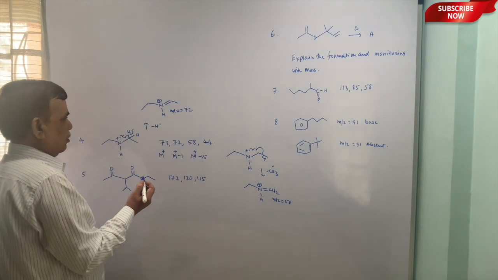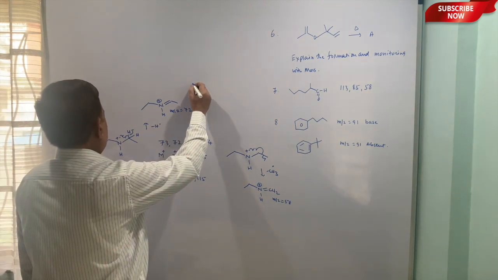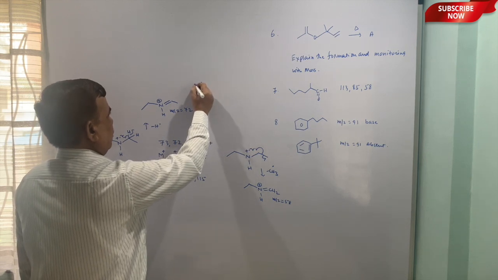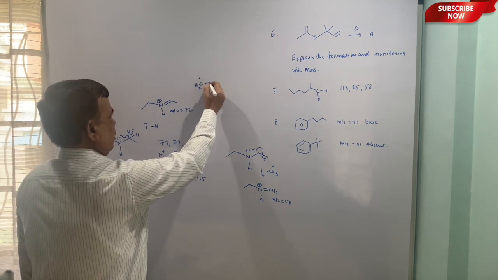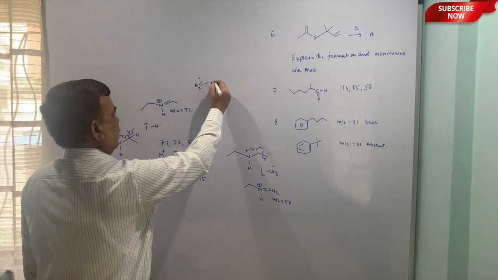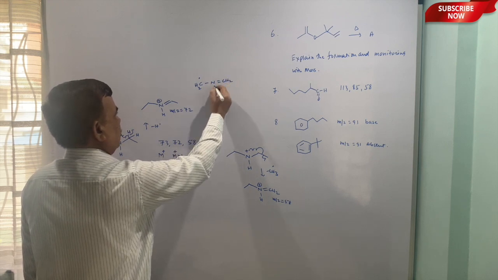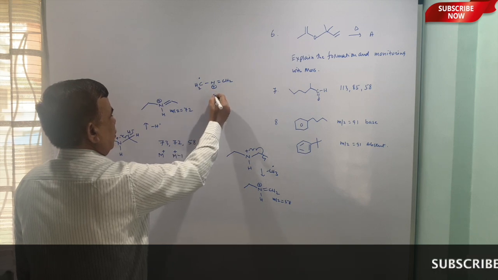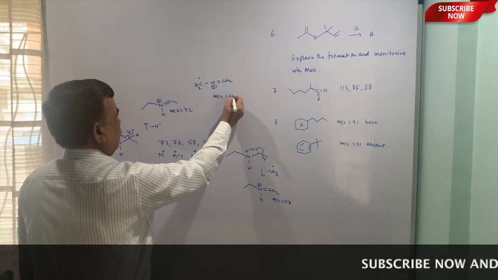So 44 will be CH2 dot N double bond CH2, m/z equal to 44.